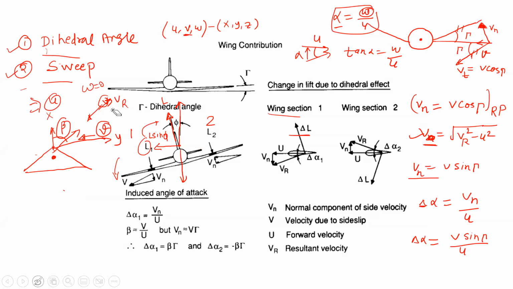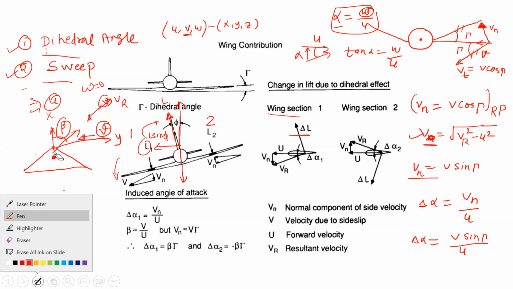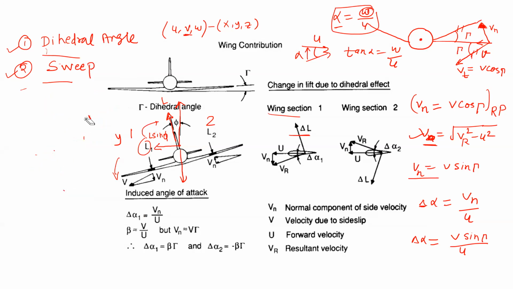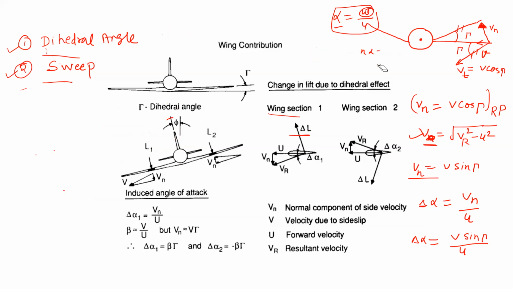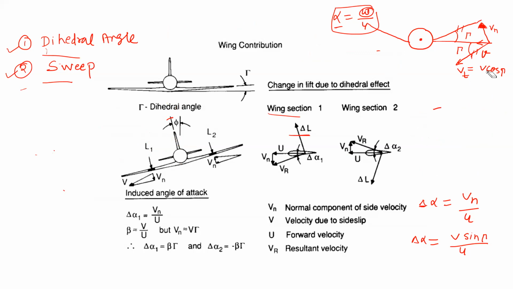Think about it. We have not considered the side slip angle in the computation. So how can side slip angle help you get a relationship between them? So we'll just keep this much.